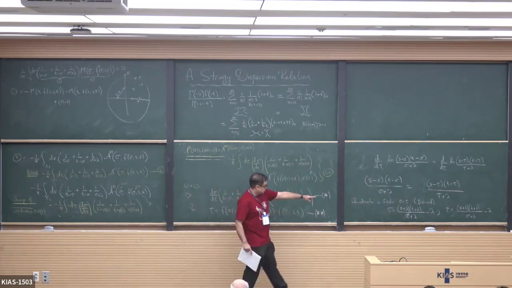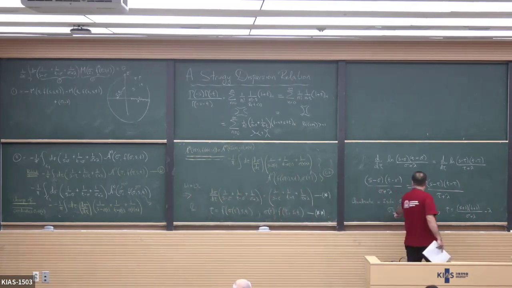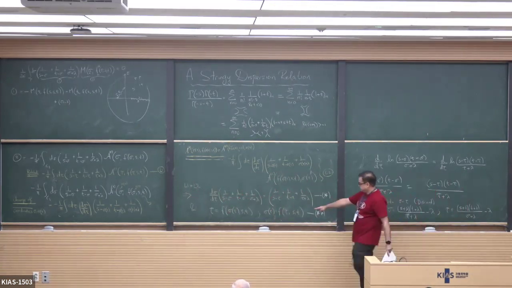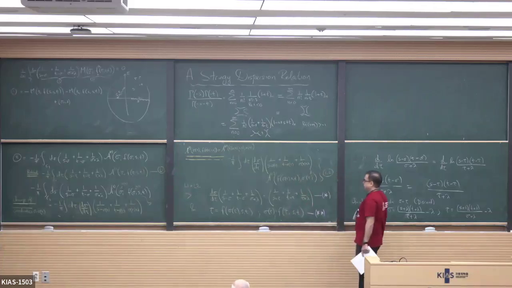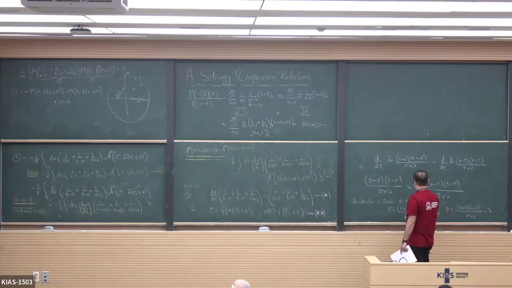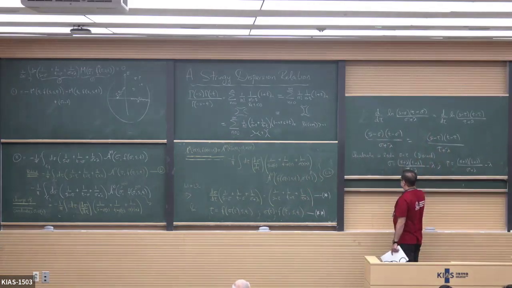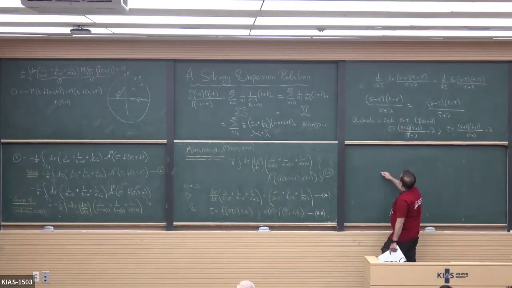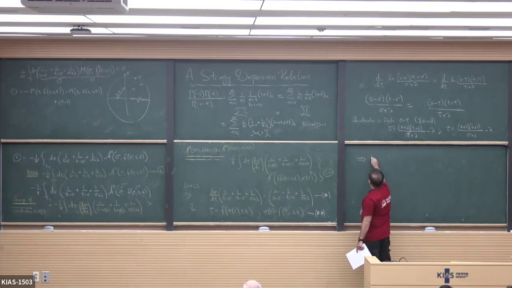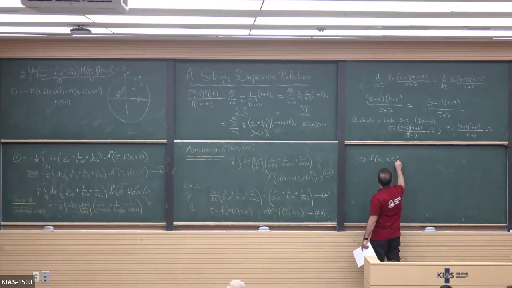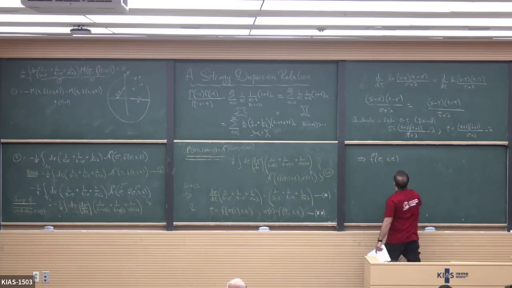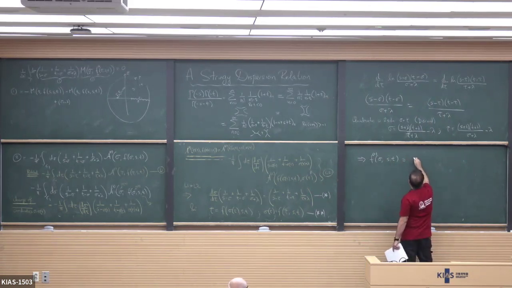So the first guy, see, this solution actually tells me what F is. This implies F of sigma, S, T, I labeled it as lambda, is nothing but S plus lambda T plus lambda over sigma plus lambda minus lambda.